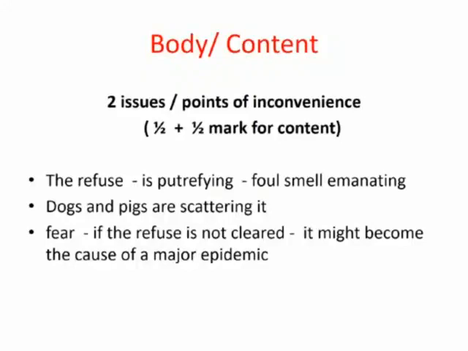Another one could be, dogs and pigs are scattering this refuse, the garbage. We can have an additional point. I am suggesting this for you. Fear that if the refuse is not cleared soon, it might become the cause of a major epidemic. So these are our 2 issues, 2 complaints, or the inconvenience caused to us.